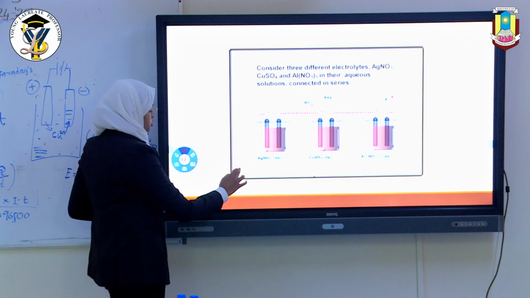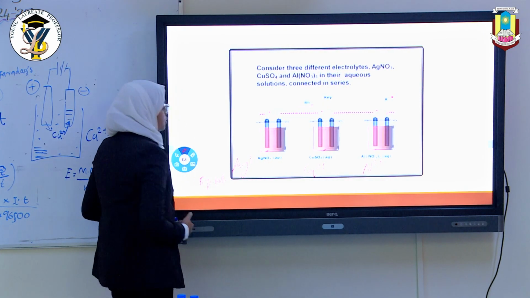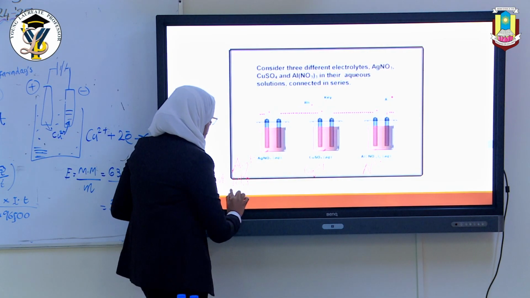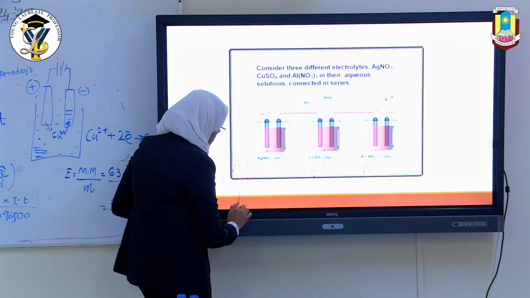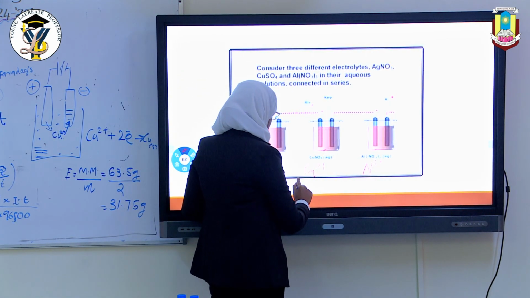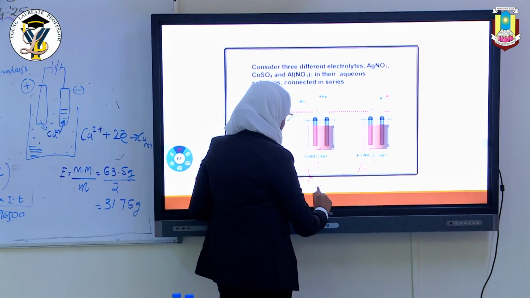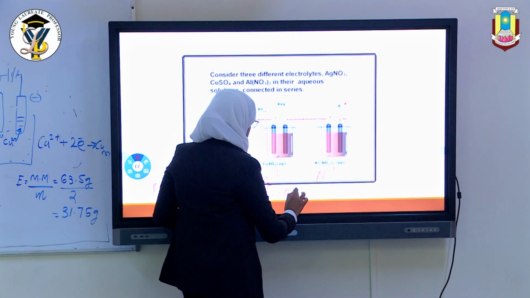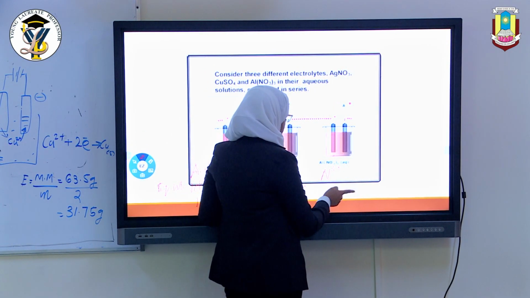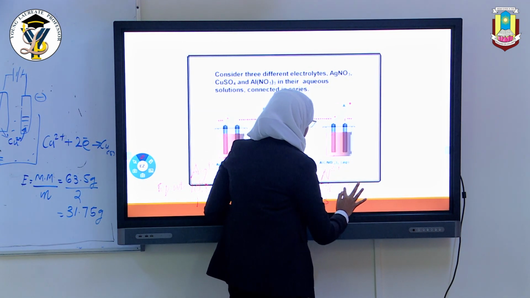And if you take the ratio of their equivalent weights, we know the molar mass of silver is 108 with 1 electron, divided by 1 electron, and the molar mass of copper is 63.5 divided by 2. And the molar mass of aluminium is 27, divided by 3, which gives us 9.